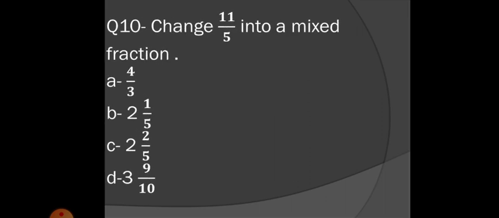Question number 10. Change 11 upon 5 into a mixed fraction. Options are A 4 upon 3, B 2 whole 1 upon 5, C 2 whole 2 upon 5, D 3 whole 9 upon 10.